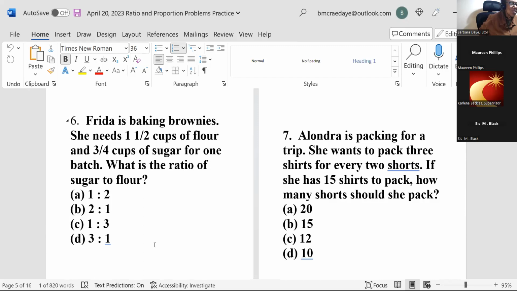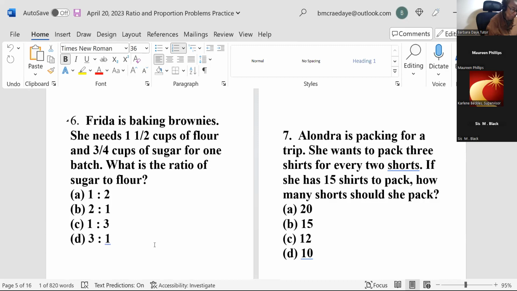I don't know. It's a 3-to-1. Maureen, are you figuring it out or guessing? I figured it out, I guess. Well, how did you figure it out? She needs 1.5 cups of flour and 3/4 of a cup of sugar for the batch.